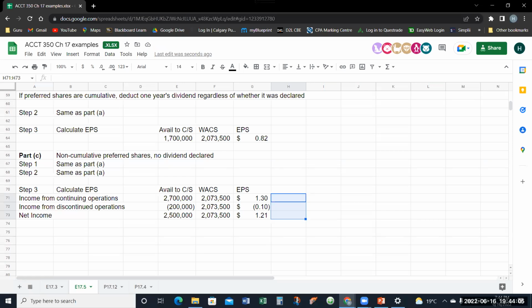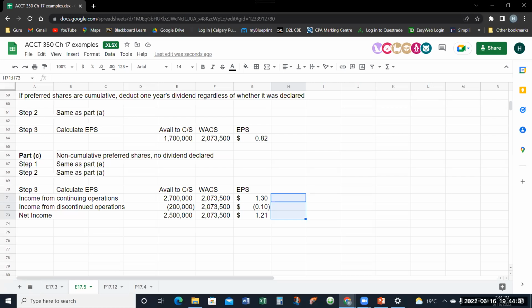So Mehak's question says 2 years' dividend is in arrears. Mehak, you have to absolutely make sure that you listen to what I'm saying. The question will say a lot of things to confuse you. If the preferred shares are cumulative, close your eyes, disregard everything. You will only subtract 1 year's dividend.